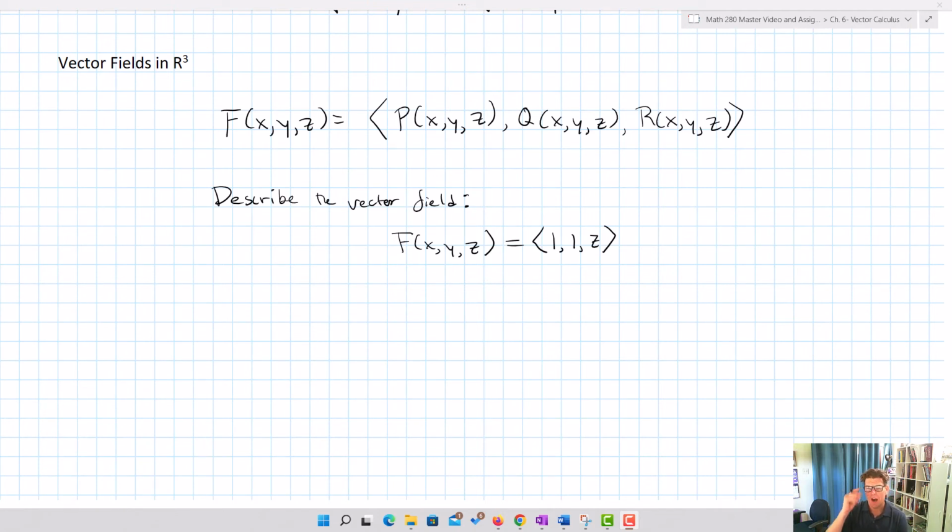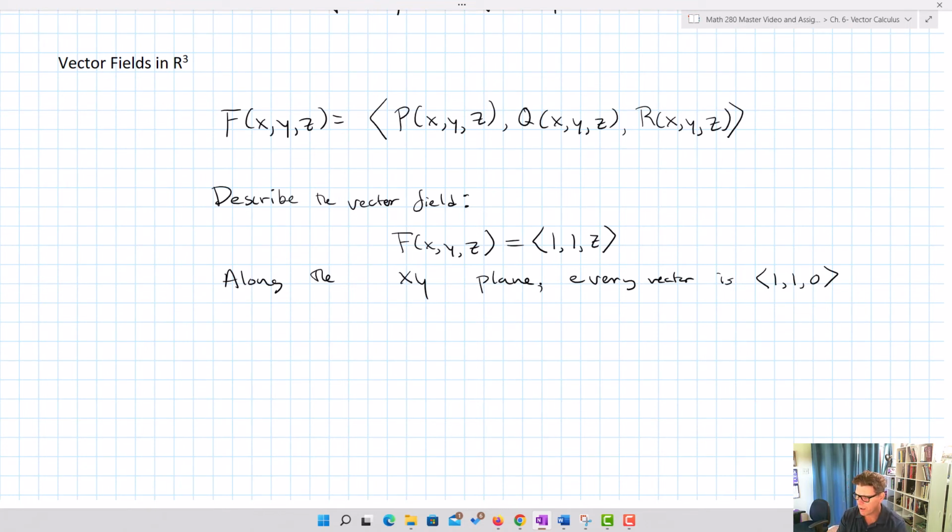So a couple of things that we can think about is that along the x, y plane, every vector is 1, 1, 0. So they're all the same. Every single one of them is the same along the xy plane, and that accounts for any time that z is equal to 0, which is that xy plane.